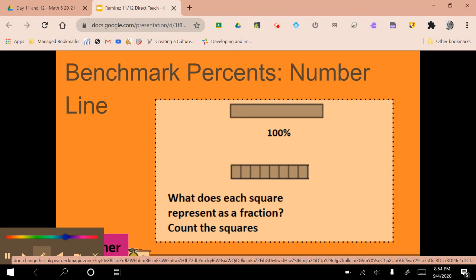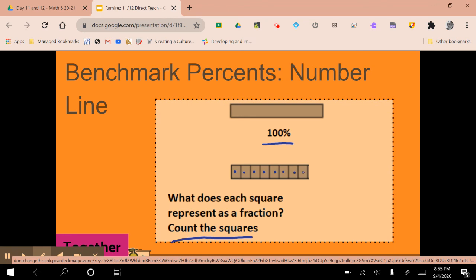Benchmark percents. What does each square represent as a fraction? Count the squares. So we know the whole bar equals 100%. We want to know what each individual square represents as a fraction right now. So we need to count the squares. 1, 2, 3, 4, 5, 6, 7, 8.